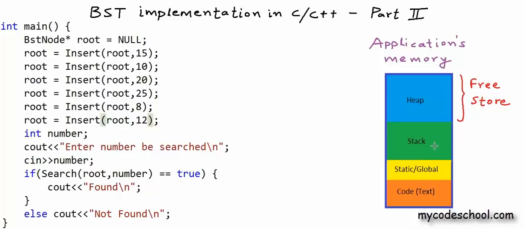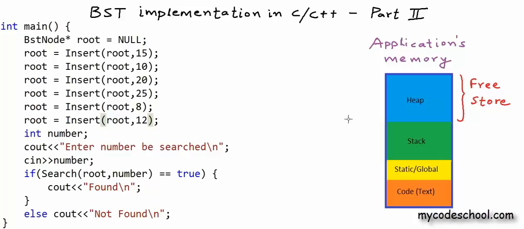The size of all other segments is decided at compile time, but heap can grow during runtime. And we cannot control allocation or deallocation of memory in any other segment during runtime, but we can control allocation and deallocation in heap. We have discussed all of this in detail in our lesson on dynamic memory allocation. You can check the description for a link.